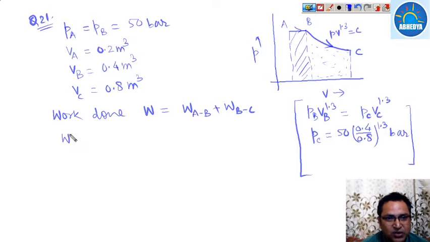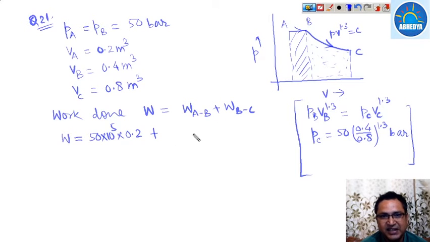Okay, so the total work done will be equal to W AB, the area of this one. What is this height? This height is 50 into 10 raised to the power 5, into the base. The base is VB minus VA, that is 0.4 minus 0.2, which comes to be 0.2. Plus the work done for the BC process.